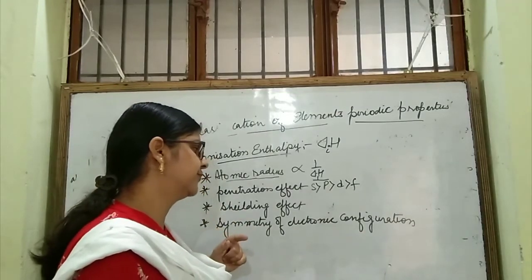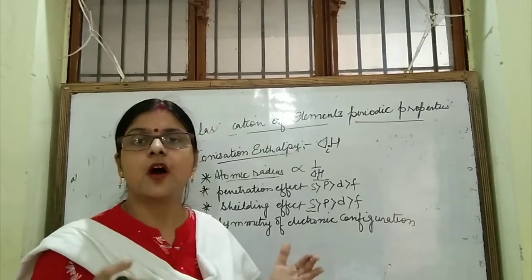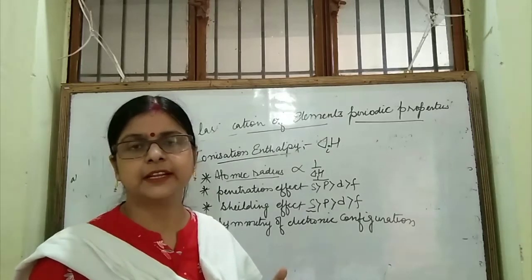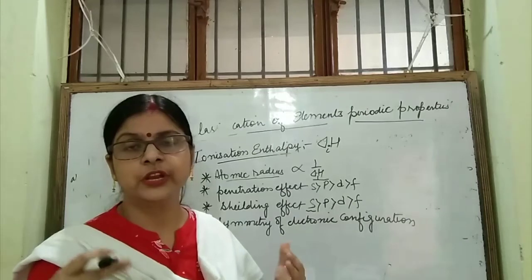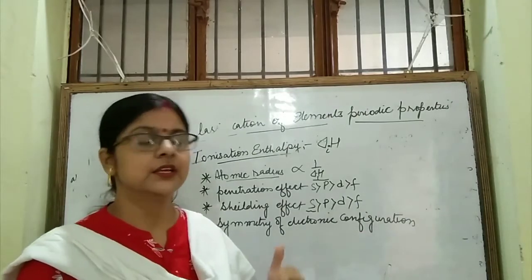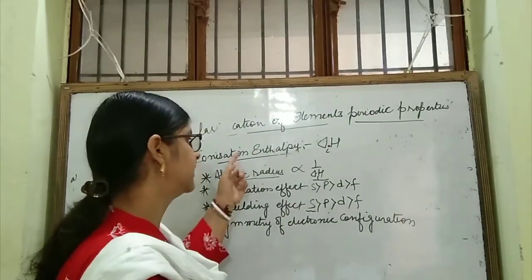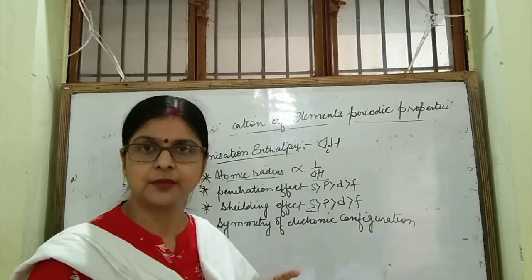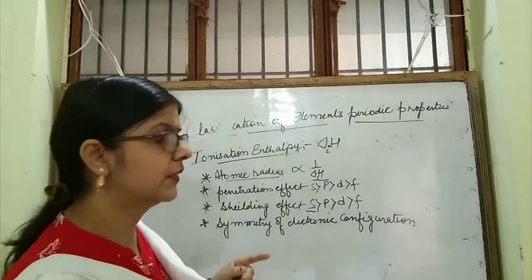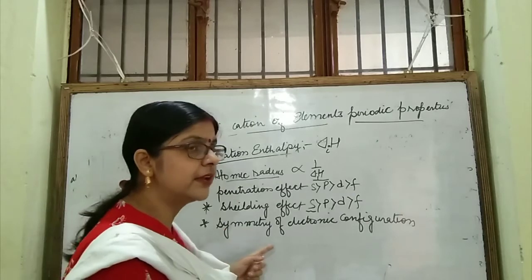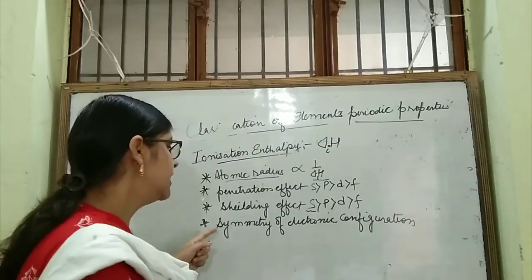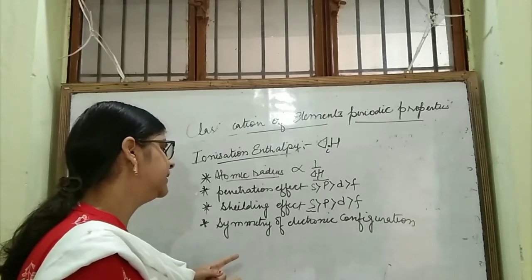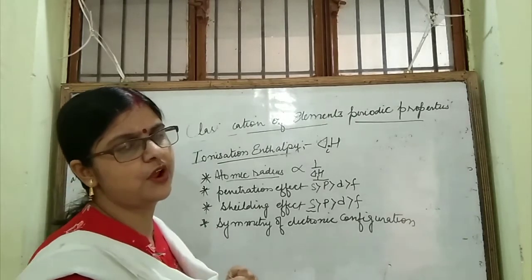Next is shielding effect. The shielding effect of D and F orbitals is very poor. We have to remember that the shielding effect also plays a role in ionization enthalpy. The more the shielding effect, the more the ionization enthalpy. Next, the major factor is symmetry of electronic configuration.